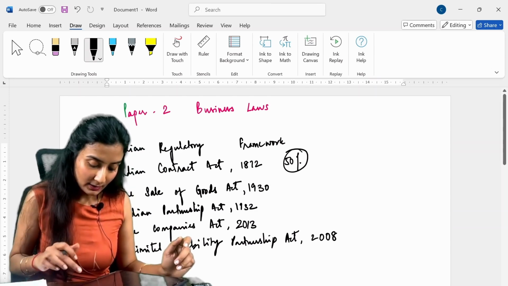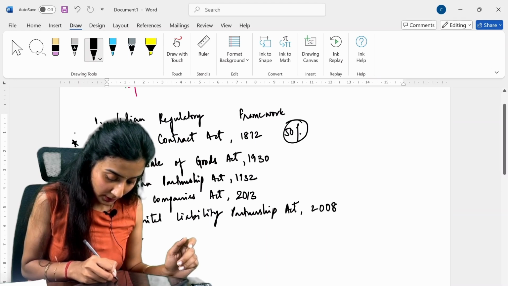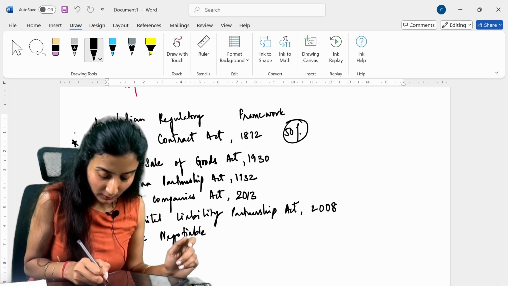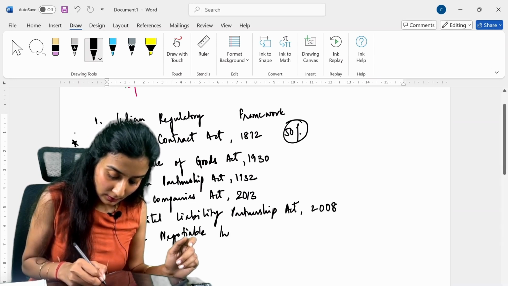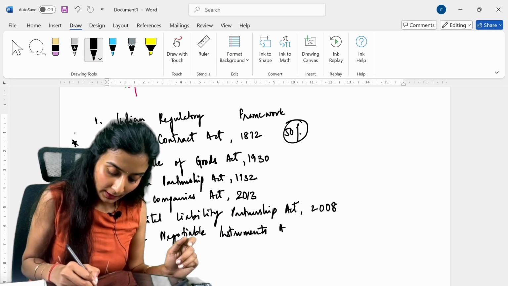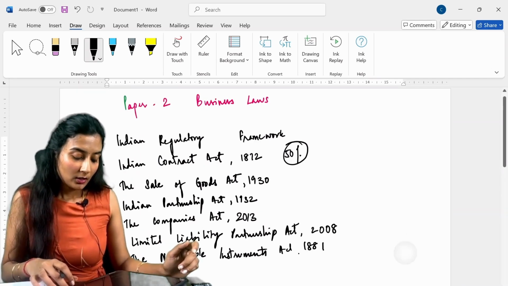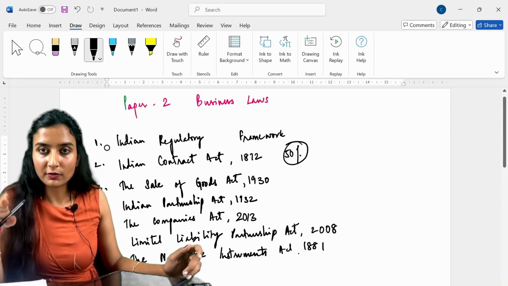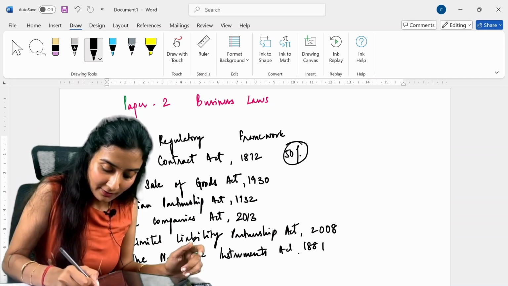Okay, and there is one more which has been added, that is the Negotiable Instruments Act 1881. So, as I told you, Indian Contract Act will form 50% of your syllabus, and then the rest all. Also, we have two modules.